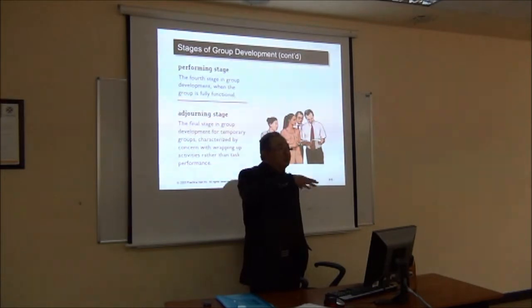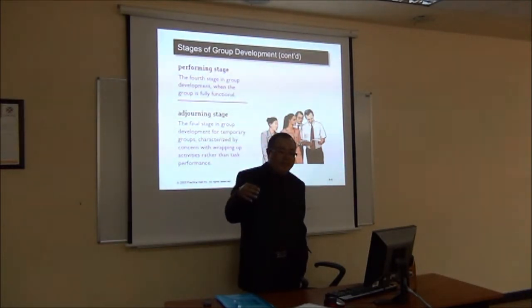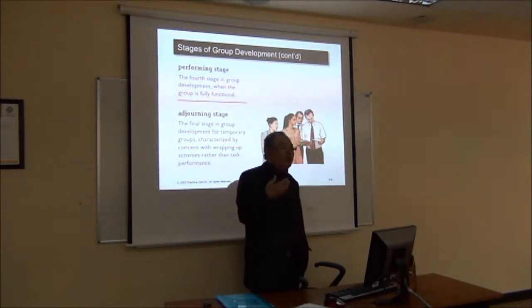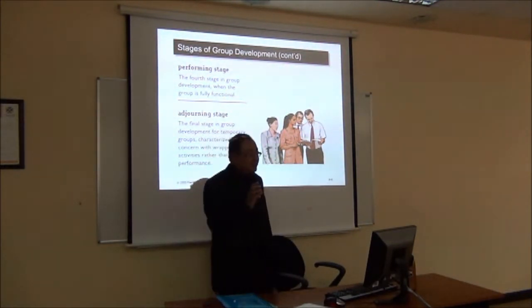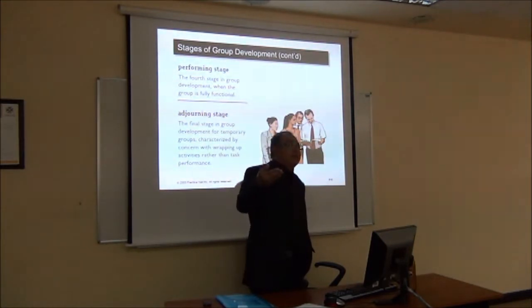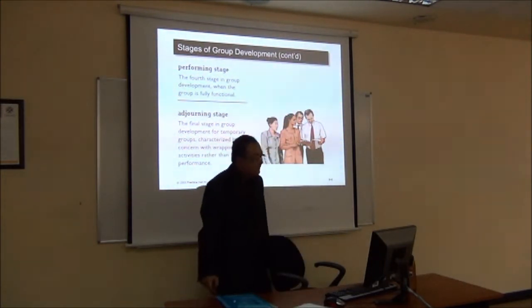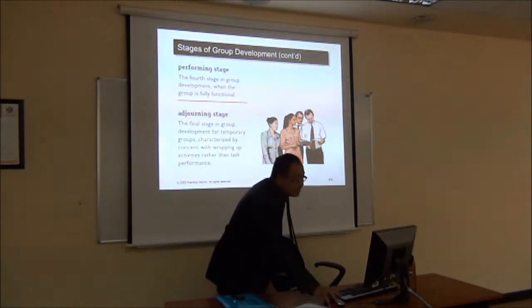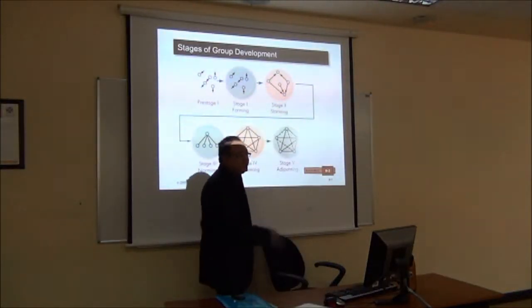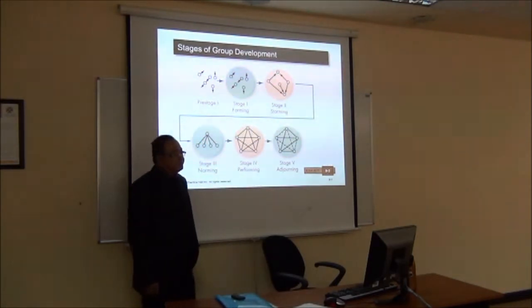Probably now you're in the storming, and then I'm pressing you for the norming, which is coming to a decision on which project to do and start assigning the task, and then you have some time to perform the task. So that's the stages of group development, presented in a diagram form like this.